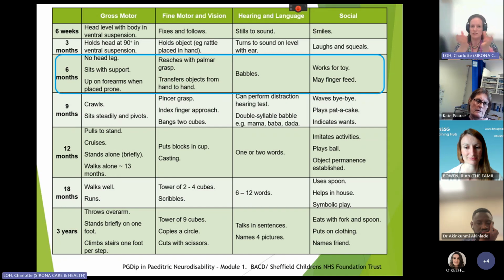Then you've got your hands in front of you and you can transfer objects from hand to hand. You build the picture of the child in your mind, and then they may be finger feeding, again using their hands. It's a bit crude, but if you think about it across the 4 areas, it's a lot easier to see where there's something that sticks out and isn't quite normal.